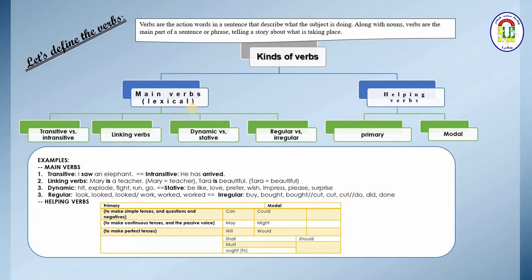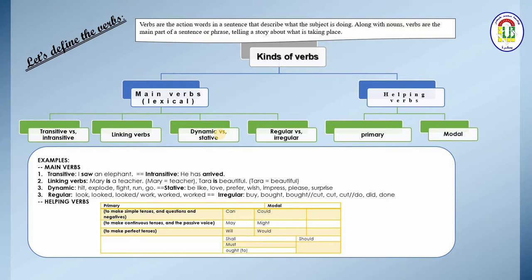And we have linking verbs. Linking verbs link between a subject and its objects or its complements. Dynamic and stative: we talk about the verbs of action and the verbs that express states of being.